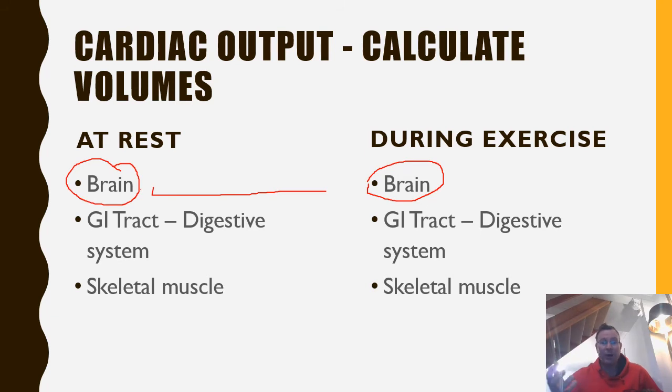For example, our brain needs a constant supply of blood, so blood vessels would constrict to limit flow, keeping it at an exact however many litres you work out, whilst our skeletal muscle goes from taking somewhere near 1/5 of our blood to somewhere near 8/10 of our blood. So there's quite a marked difference.